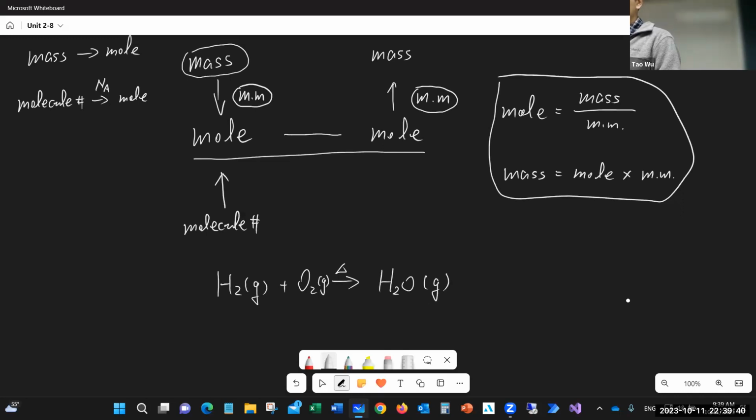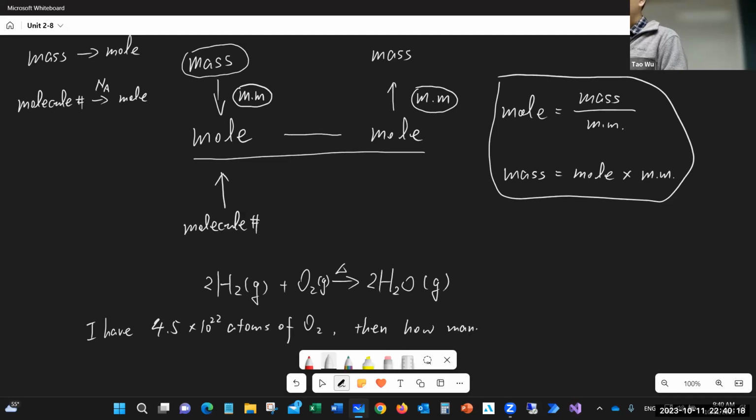So in this case, let's say it's balanced in this way. Now 2 moles of hydrogen will generate 2 moles of water. 1 mole of oxygen generates 2 moles of water. So now I'm saying I have 4.5 times 10 to the 22 atoms of oxygen.